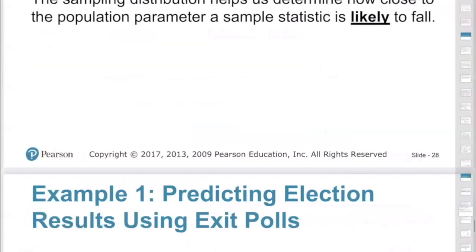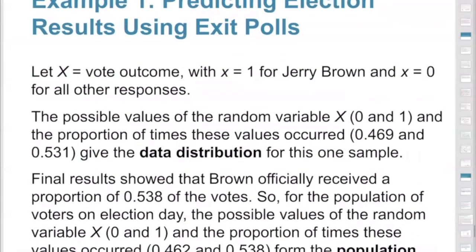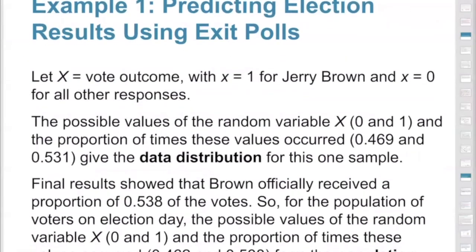So let's do this. After you collect your sample, you start to put 1 for the voters who voted for Brown and 0 for the others, and count the number of voters who voted for Brown and then divide it by the entire sample size. If you remember, I said p hat is equal to X divided by N, right?